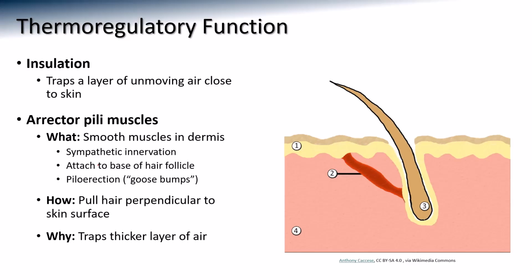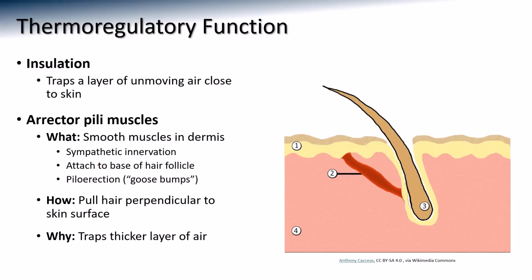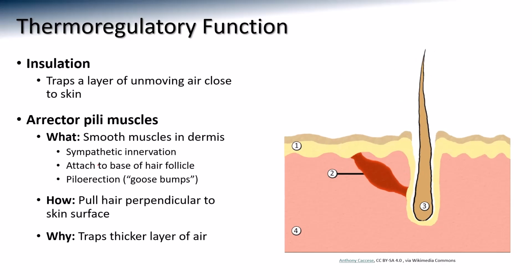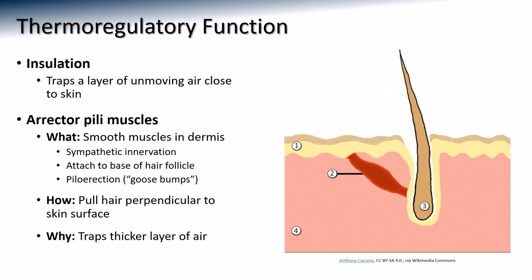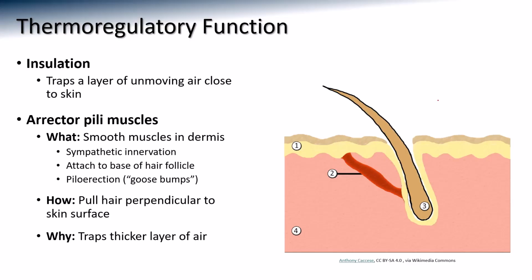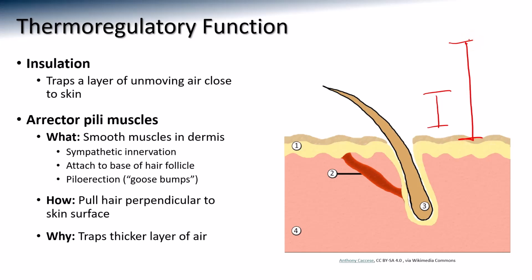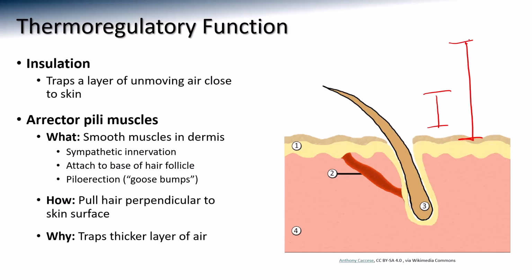When you have hairs covering up a portion of the skin there, they block some of that air movement and stop that convection current from stealing your body heat. By taking these hairs then and pulling them straight up, like you see in the picture here, you go from having an air current block of about that big to one that is about that big. So it is able to keep a thicker layer of dead or unmoving air close to your skin.